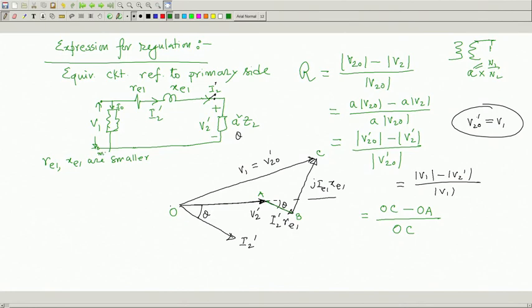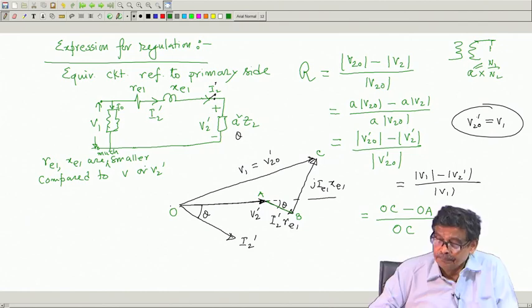Much smaller. Compared to whom? Compared to these voltages, compared to V1 or V2 dashed. Do not forget to attach these. These are quite small, although I have drawn very large here, so that some geometrical concept I will apply.